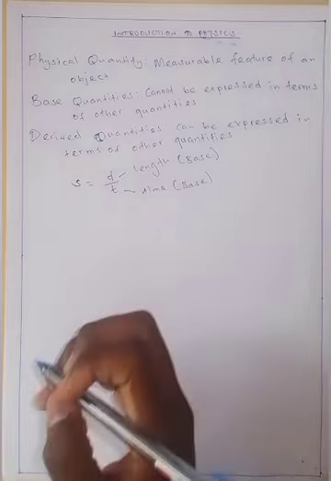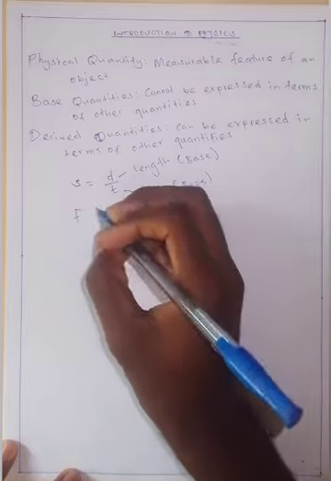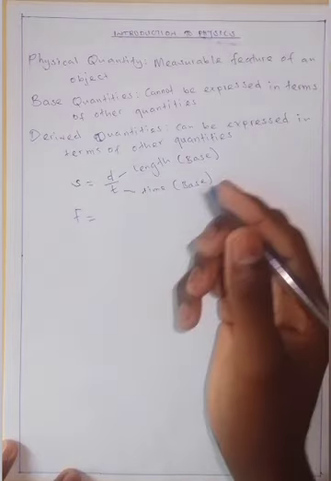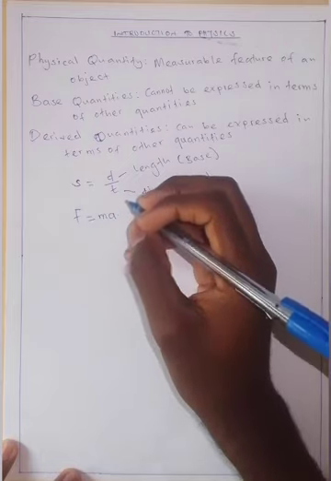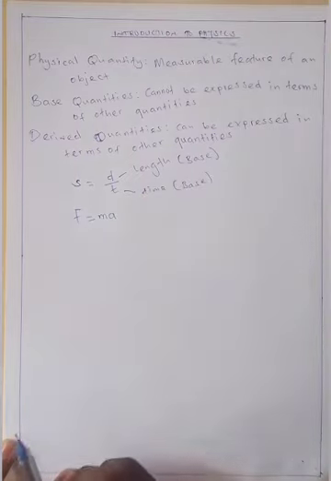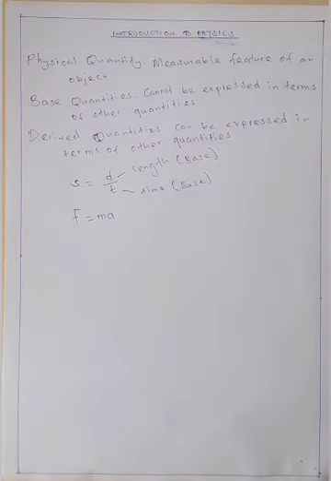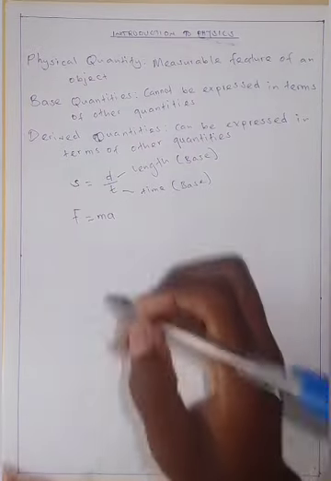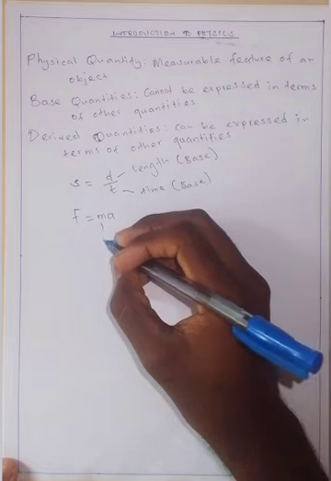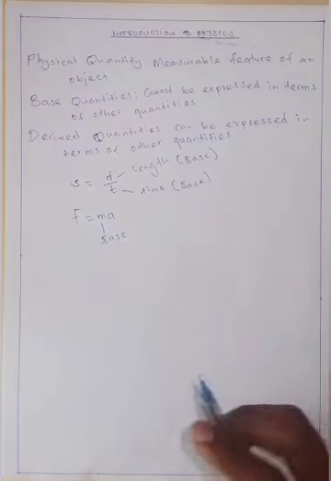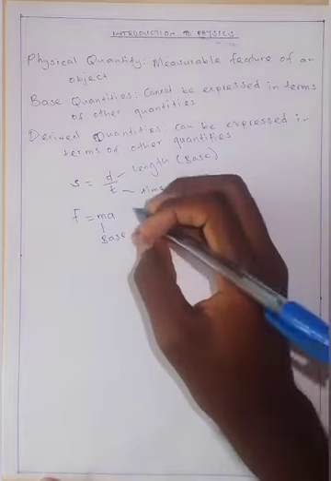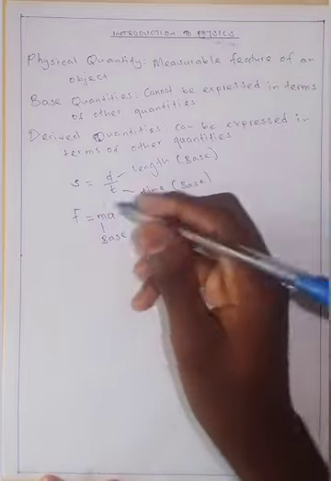For example, let us look at force. I'll use capital letter F for force. We know that force is equal to mass times acceleration. Mass is a base quantity. Acceleration is a derived quantity, just like force.